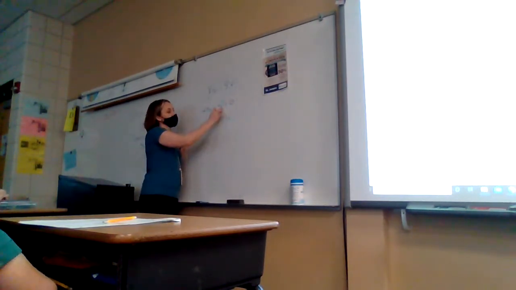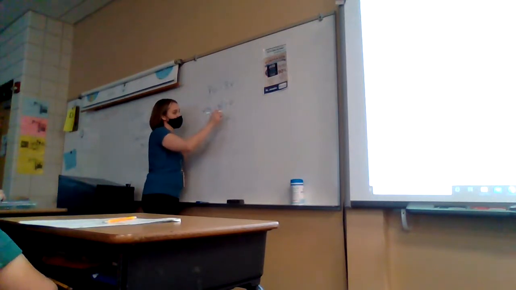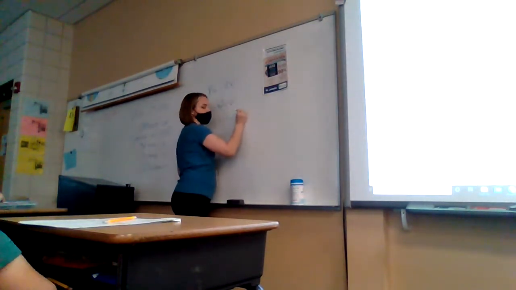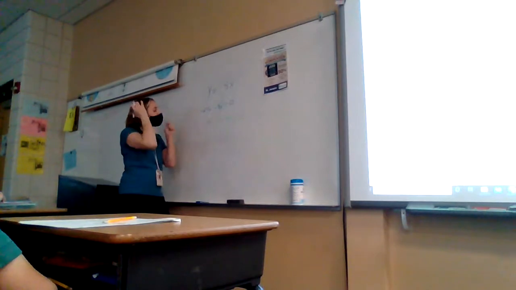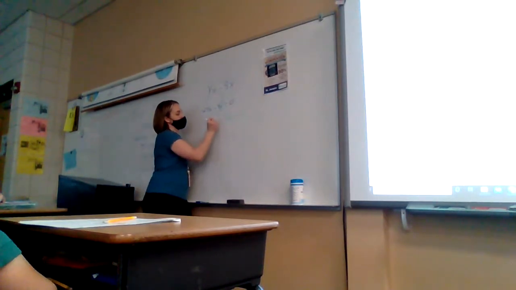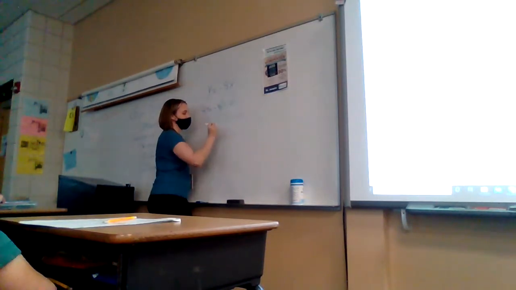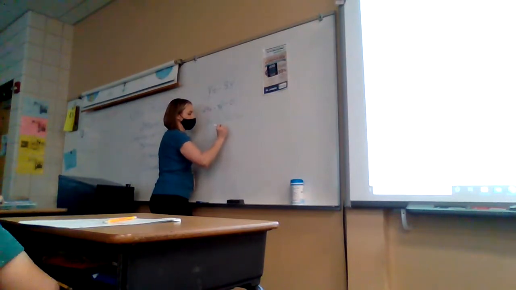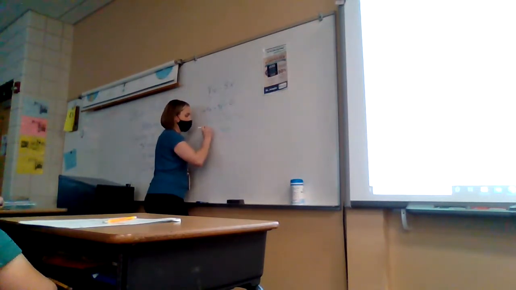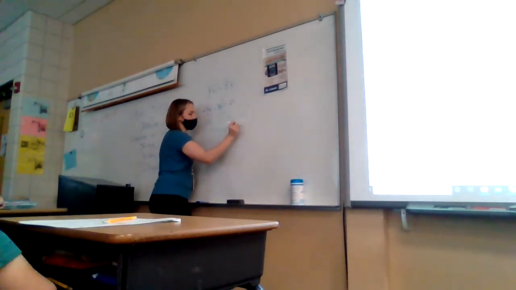Then instead of y, we're going to put that, equals 0. We're going to do the distributive property. Negative 3 times negative 8x is going to give us a positive 24x. So negative 24x plus positive 24x equals 0.